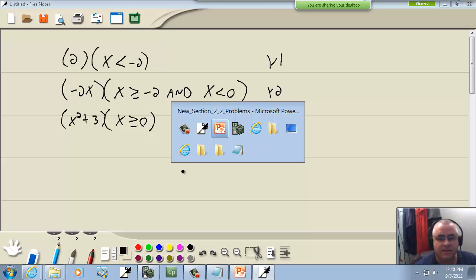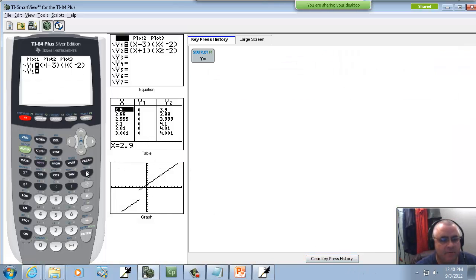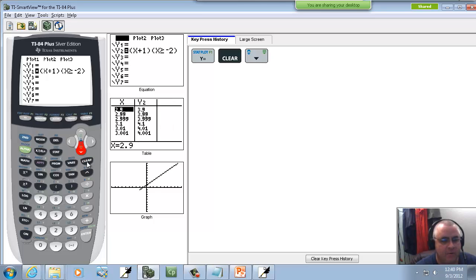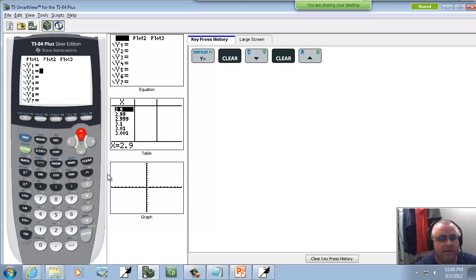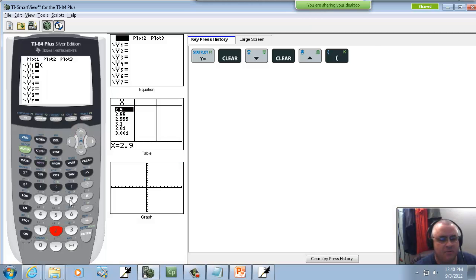So let's look at this on the calculator. Press my y equals, I press clear on the first line, down arrow, press clear on the second, get that all cleaned out. Okay, go back to y1. So I have beginning parentheses, 2, closing parentheses, beginning parentheses, x is less than, so I do x, go to my test menu.